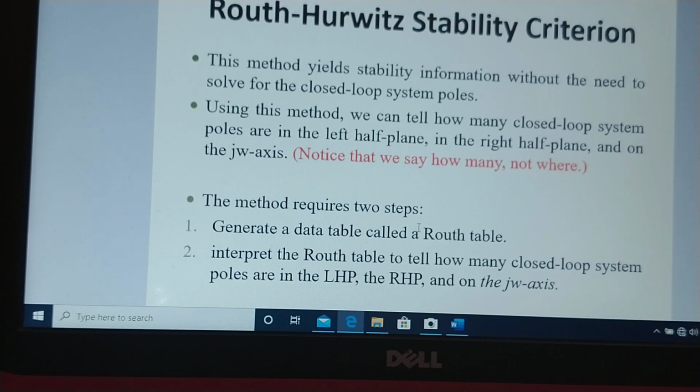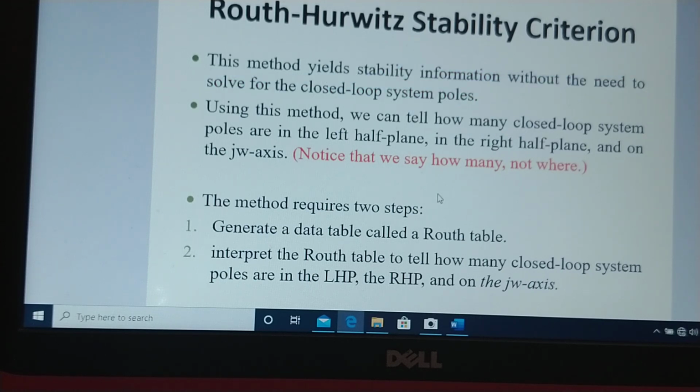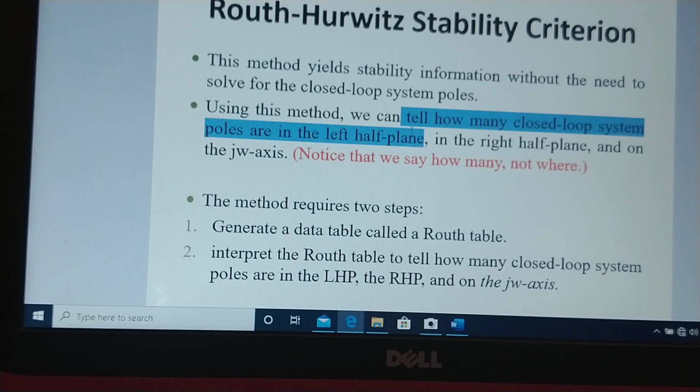So, Routh Hurwitz stability criteria. This method yields stability information without the need to solve for closed loop system poles. Please, students, note that it can tell how many closed loop system poles are in the left half plane, in the right half plane, and on the j omega axis. But most important is that we can say how many, not where.